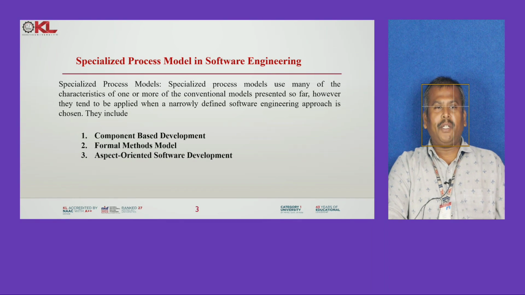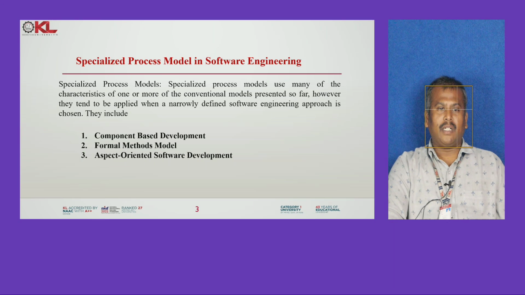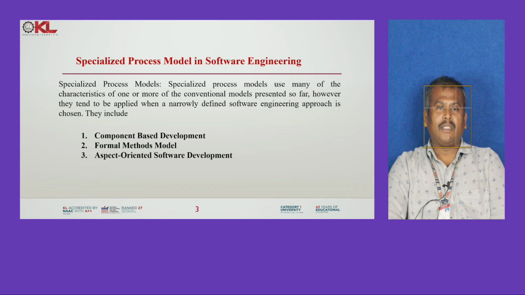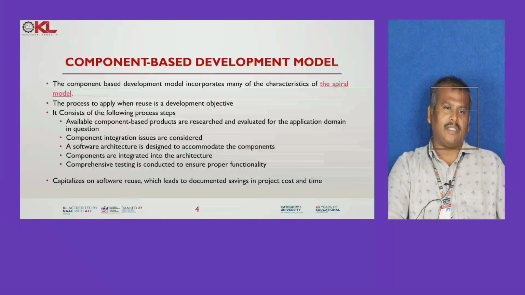Here we are going to use many characteristics unlike conventional models. However, there are different models present. They include component based development model, formal methods model, aspect oriented software development model. These are three specialized process models which are present in software engineering.